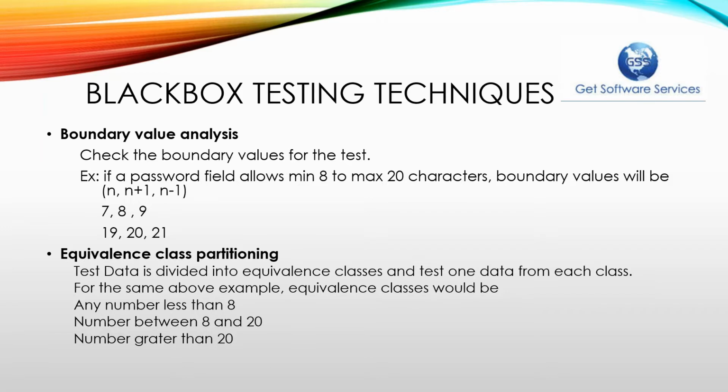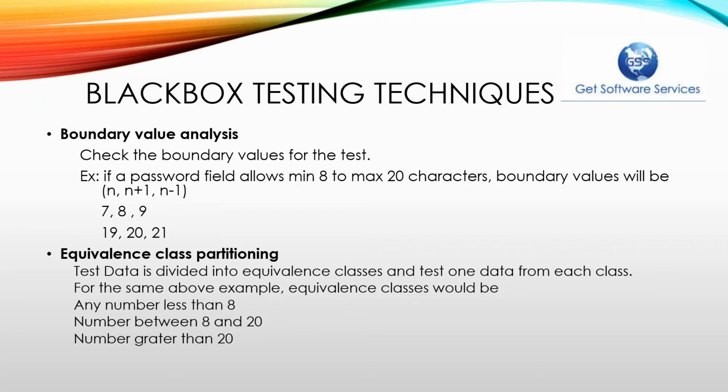I'll apply the same formula and test using passwords whose length is 19, 20 and 21. So I'll be doing 6 different tests to test the password field. So you're testing at the boundaries. That's because developers tend to make more mistakes at these boundary values when writing the code.